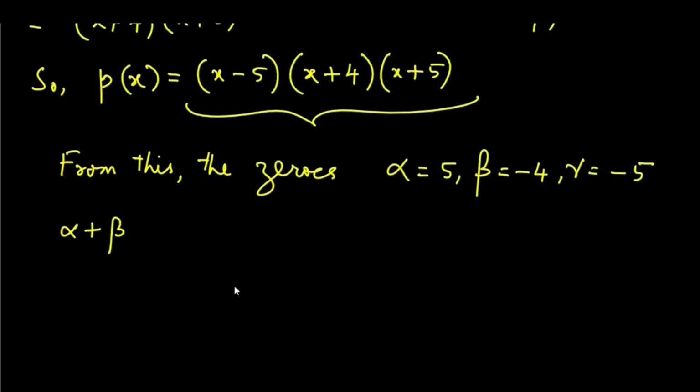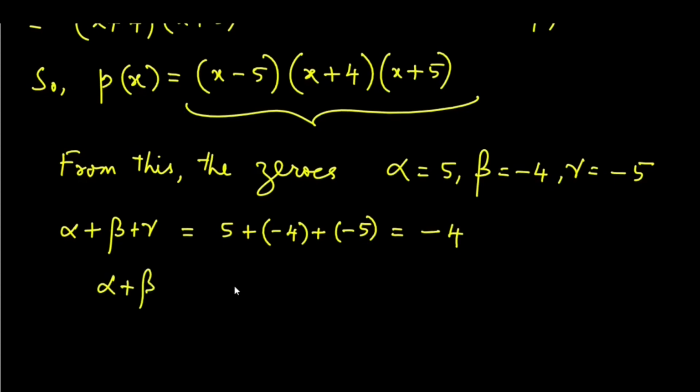Alpha plus beta plus gamma is equal to 5 plus minus 4 plus minus 5. 5 and minus 5 are cancelled. So it is equal to minus 4.